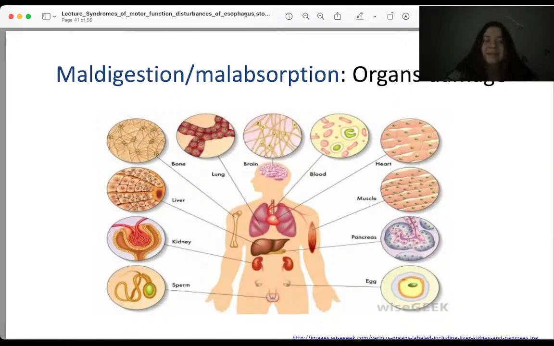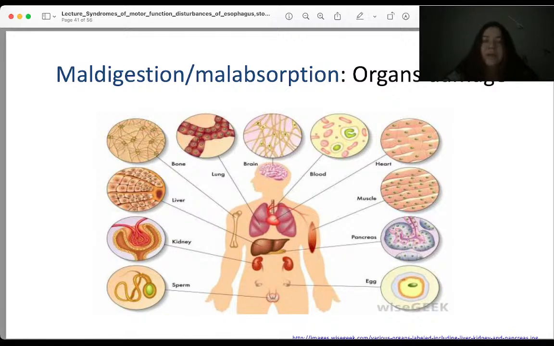Okay, organs that can suffer from maldigestion and malabsorption. Yes, it is nearly all organs. You see it: the skin, sperm, kidney, liver, bone, lungs, brain, blood, heart, muscles, pancreas, egg.